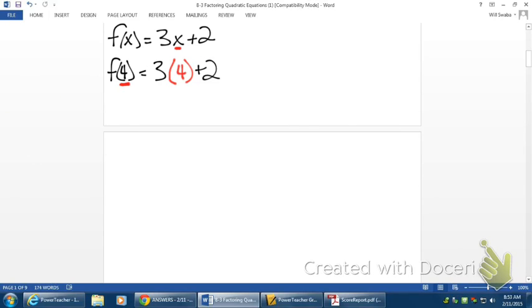That tells me what number I plug in for x. Now from here, all I'm doing is solving. 3 times 4 gives me what? 12. Plus 2 gives me what? I'm done.